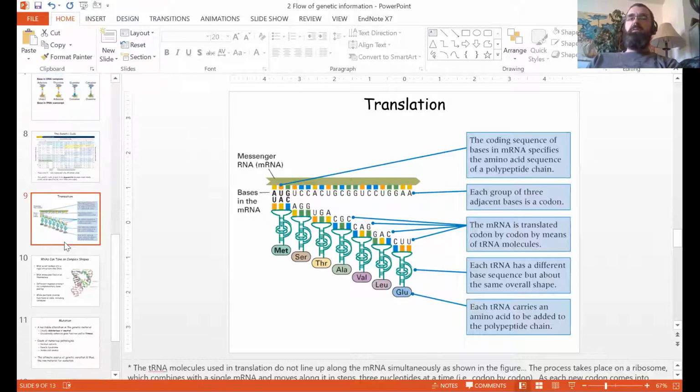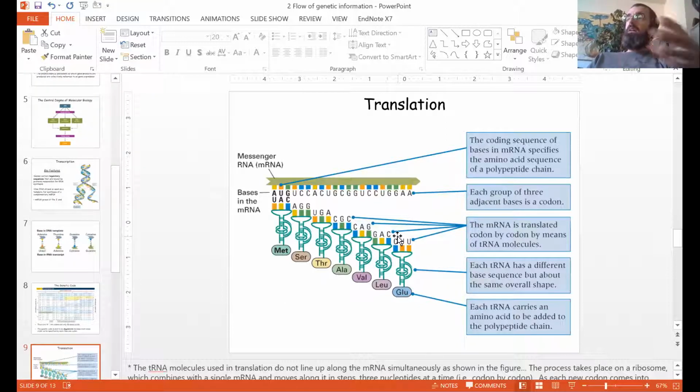That's one way to remember transcription versus translation.